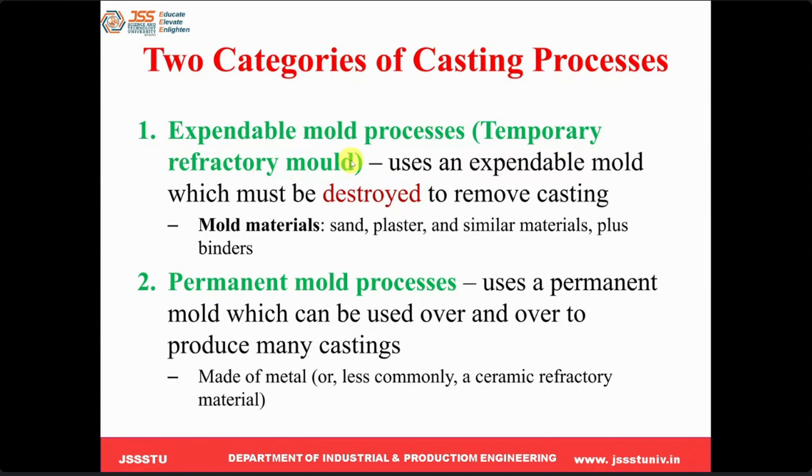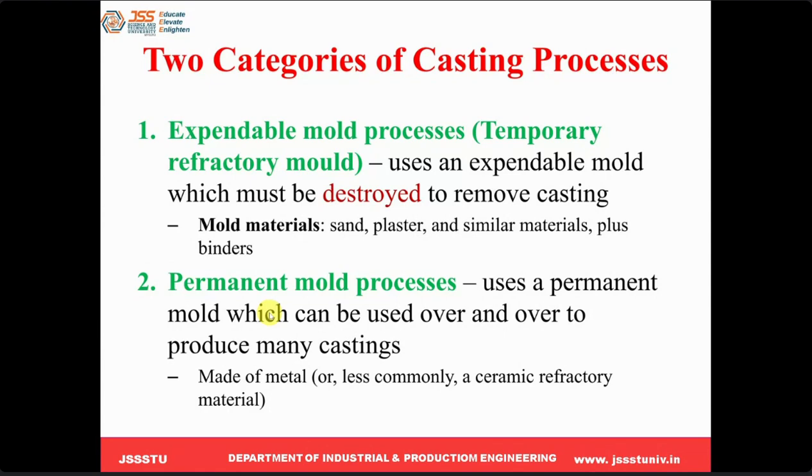So there are two types of mold process we use, called the expandable mold process and the permanent mold process. That is the two categories in the casting process. Expandable means using an expandable mold which is destroyed to remove the casting. So expandable means a temporary type.